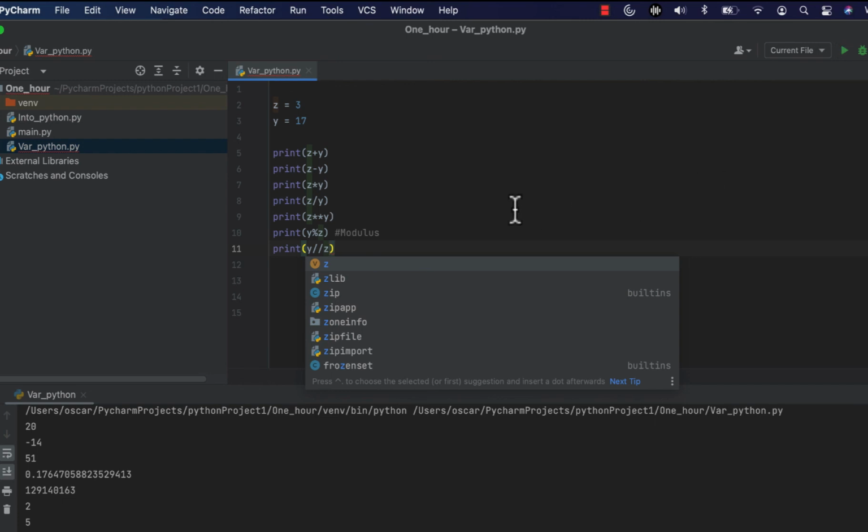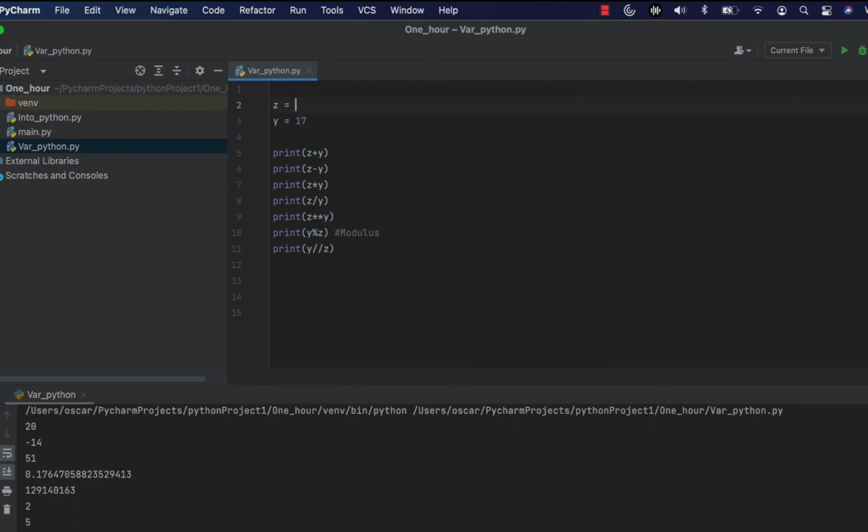Okay, that's 5. So if I divide y, which is 17, by 3, it becomes 5. So if this becomes 4, the answer is going to be 4. So it's 4 by this, that is the floor division of two numbers that we are dividing.